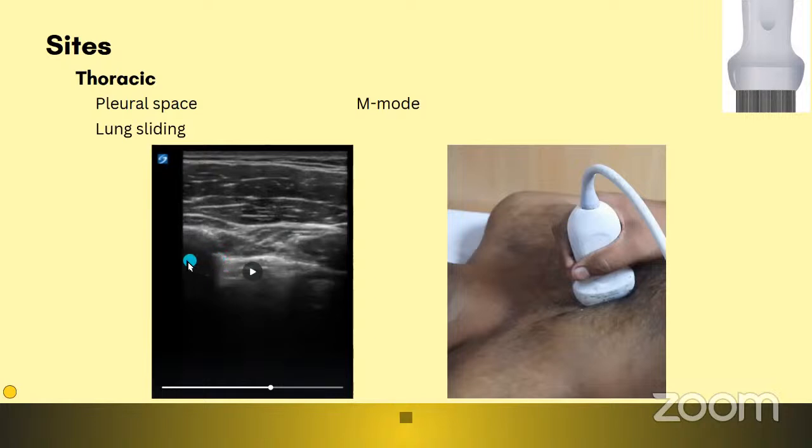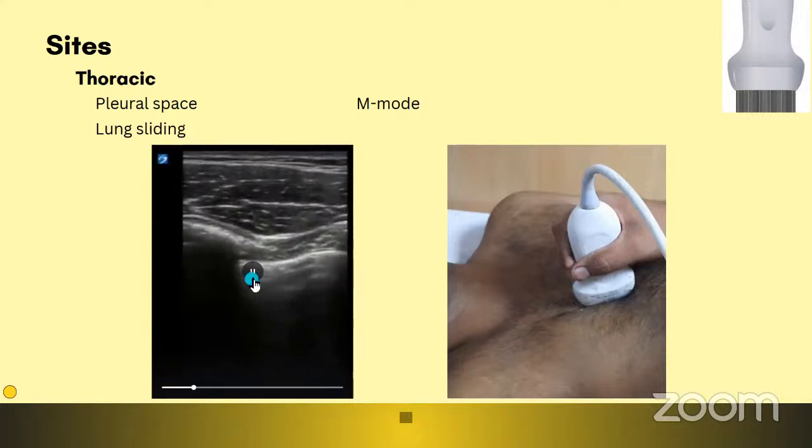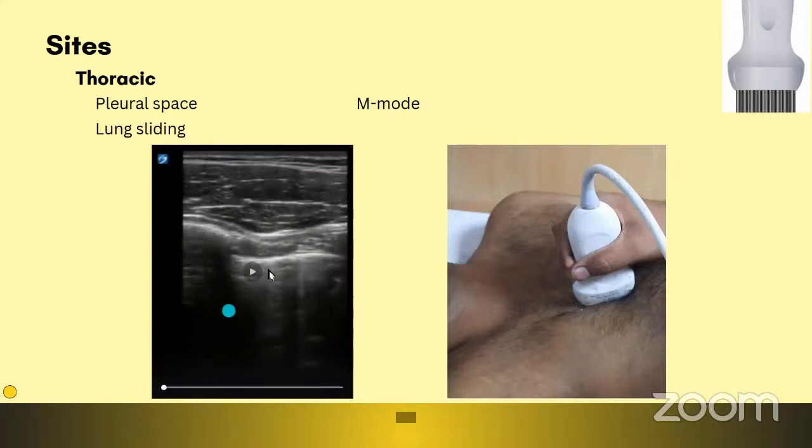So we cannot see the pleura beyond these ribs. So better to keep it in between the intercostal space to appreciate the pleural lining better. Got it? We need to keep it stationary. And for a better view, if at all we need to go to lower intercostal spaces, yes, we can move it down.